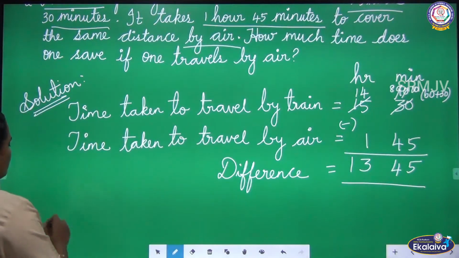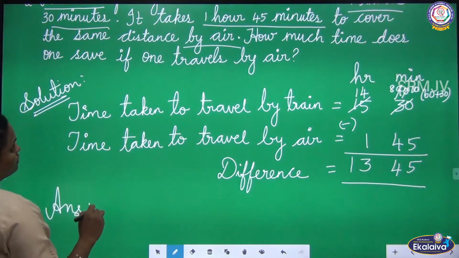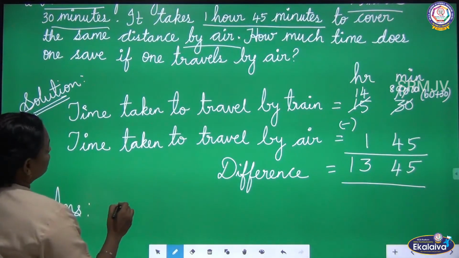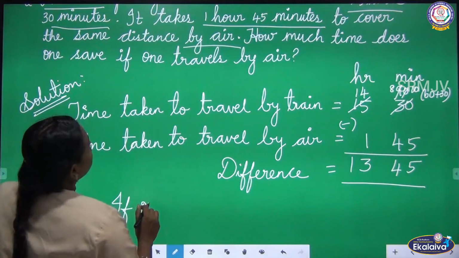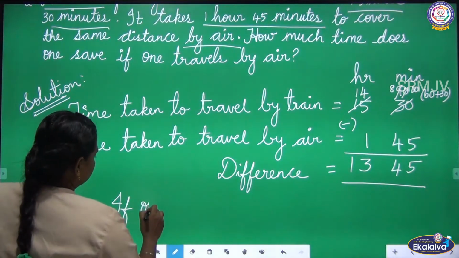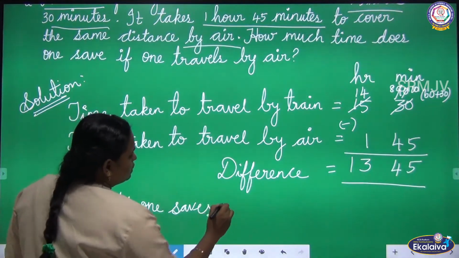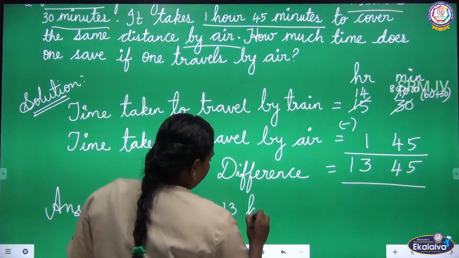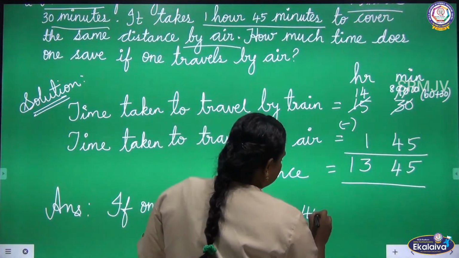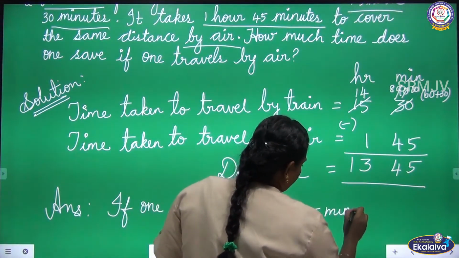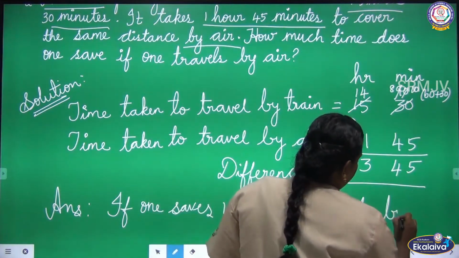So the answer is, one saves 13 hours 45 minutes by air.